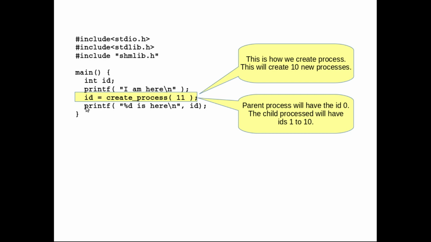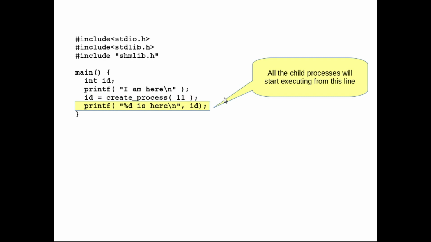So the first two lines will be executed only by the parent process, whereas from the next line onwards all the remaining lines will be executed by all the processes, by the parent process and the 10 child processes. So all the child processes will start executing from this line onwards.